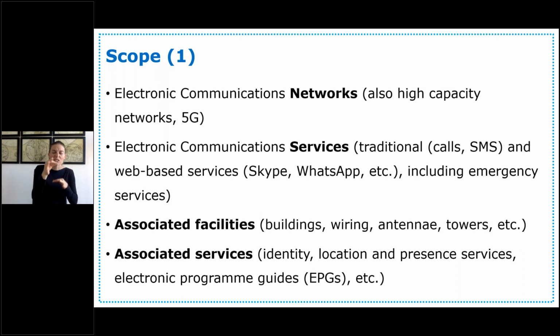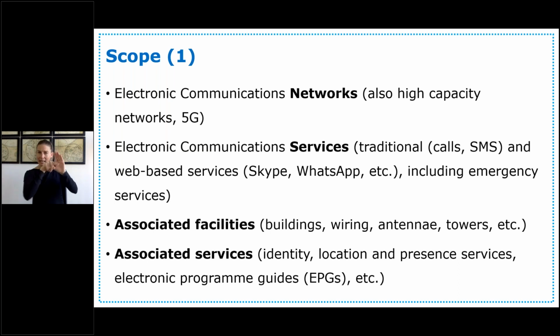So to get to the scope, what the code covers in general are the electronic communication networks. These are basically systems which allow the transfer of signals. So let's say mobile or satellite networks, for example.